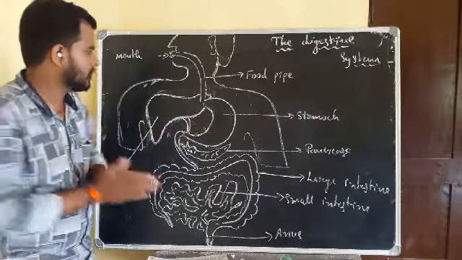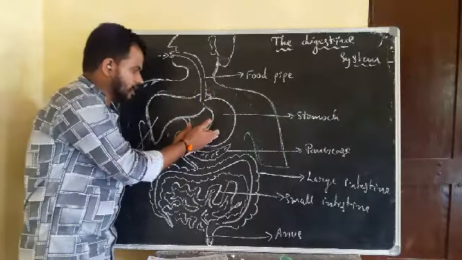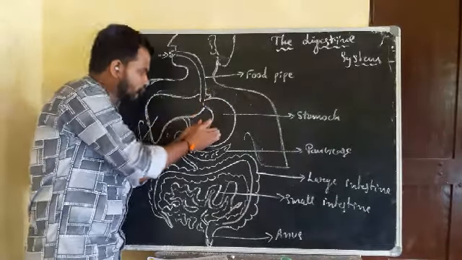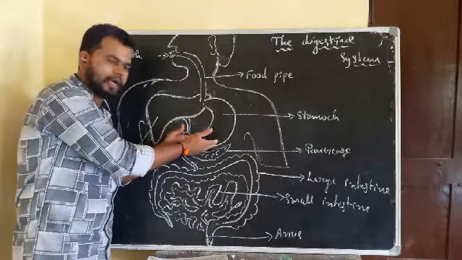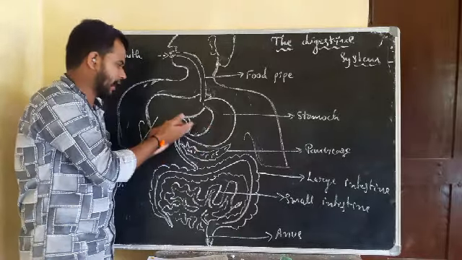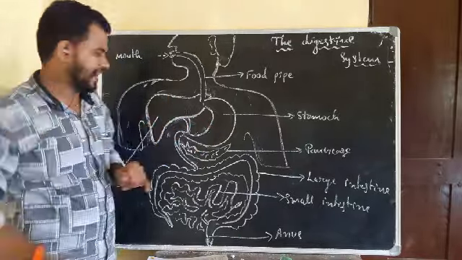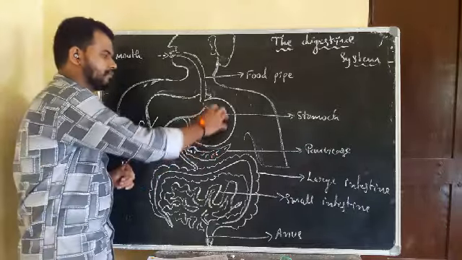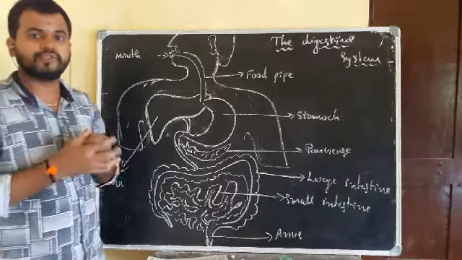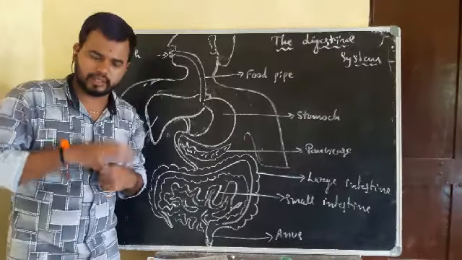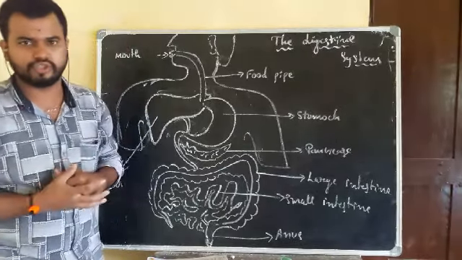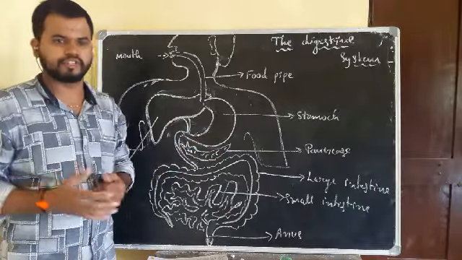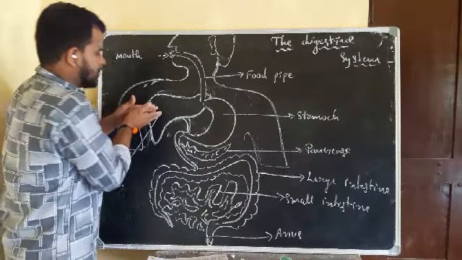What happens in the stomach? Actually, the stomach is a muscular bag structure. When food enters the stomach, HCl, hydrochloric acid, and some digestive juices will be released. The secretion process will start, and food mixes with those digestive juices and hydrochloric acid, making the food substance simpler. And the next part is the liver.